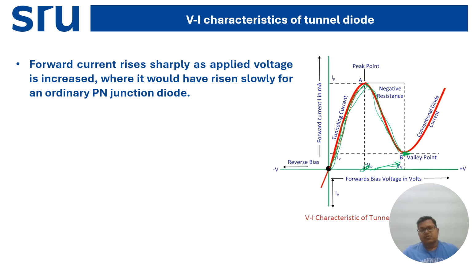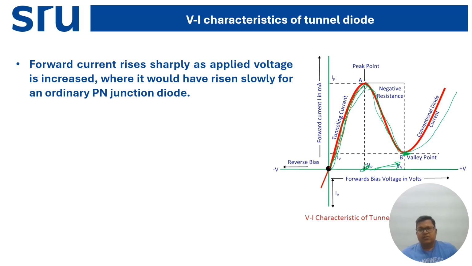Earlier the voltage was called the peak voltage, and this voltage is called the valley voltage, okay, VV. Earlier it was VP. And after that the normal conduction starts.